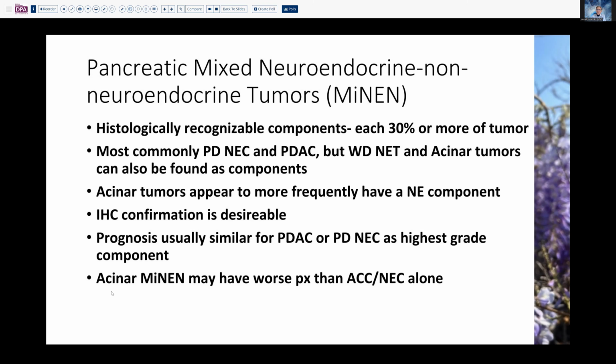And in fact, there's at least one study that shows that when you have the acinar component with your neuroendocrine tumor, that has a worse prognosis than acinar carcinoma or neuroendocrine carcinoma alone. But the numbers of cases in the series are small, so this may bear some watching, some repeating, some monitoring to see if this indeed pans out to be the case.